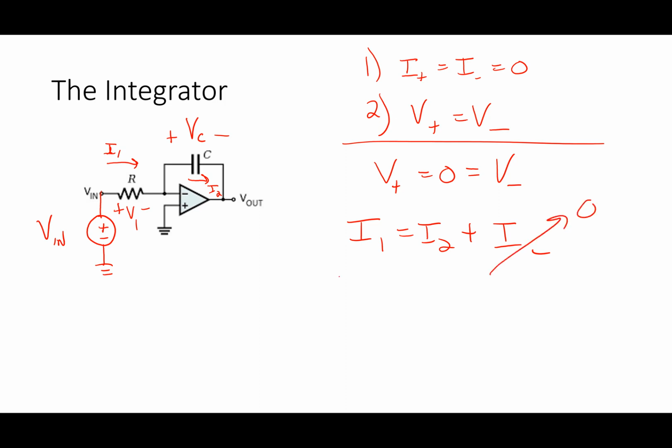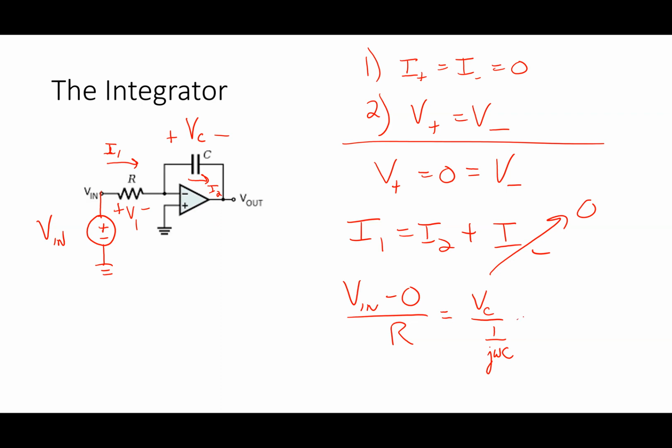So what I end up with is V in minus 0 over R equals V sub C over what? Z sub C. And I'm going to write that as 1 over j omega C.